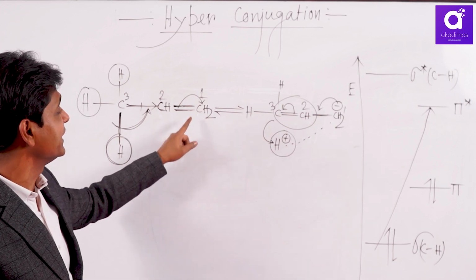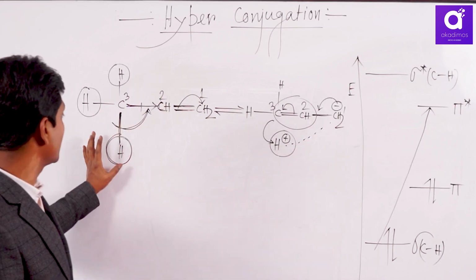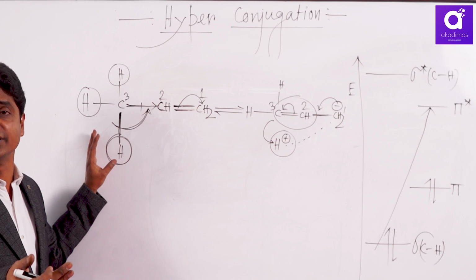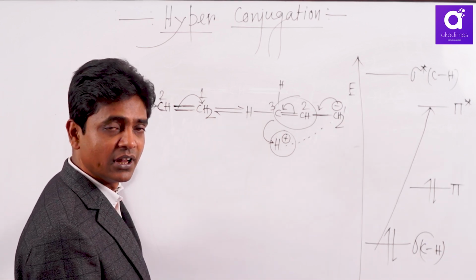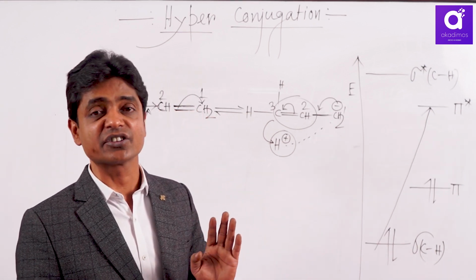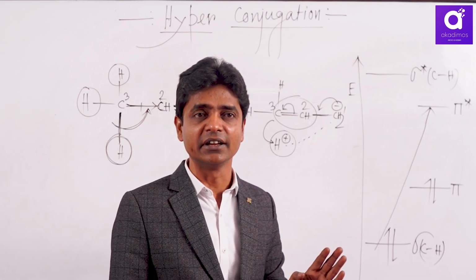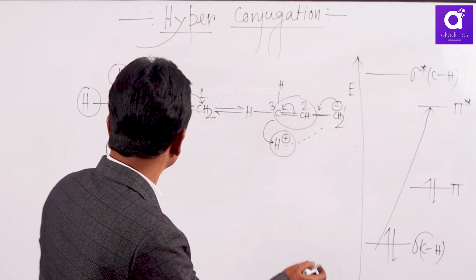And you got idea electron density increases especially on C1, and also the alpha hydrogen is more acidic than expected. Now I will go to give some example where you will finally explain their stability, their rate of reaction towards electrophile, as well as their stability.